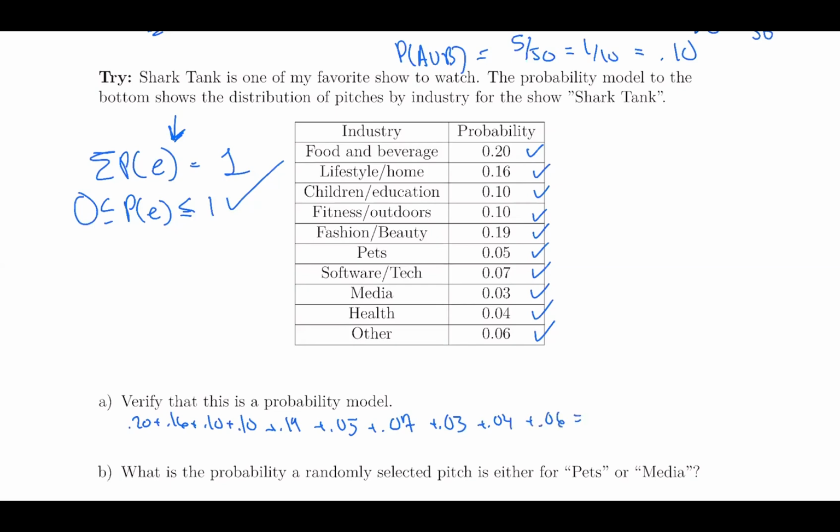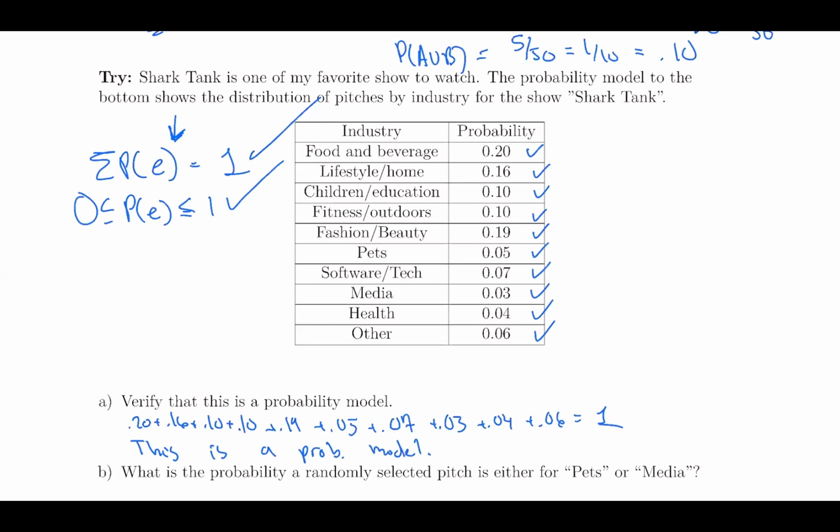All right, if I add up all of those numbers, what do they add up to? Yeah, 1. So this checks off. So we'll say this is a probability model.